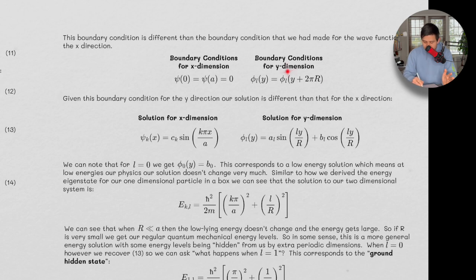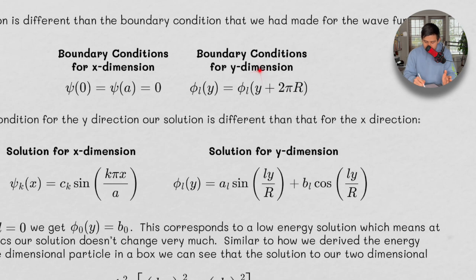This boundary condition looks a little bit different. If you look at this, we're saying that psi of y is equal to psi of y plus 2 pi r, right? This is the circumference of a circle. We're saying that those 2 points are equal to each other. They're not zero, they're equal to each other. Okay? And that's a big thing here, right?